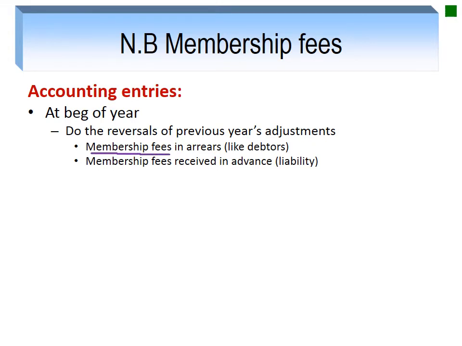So every year you're going to see who still owes you membership fees and account for that. At the beginning of the next year you'll reverse it, and you'll also account for membership fees that you might have received in advance, and that will be like a liability, and you will reverse those at the beginning of the year as well. We did something similar already when we did chapter 6.